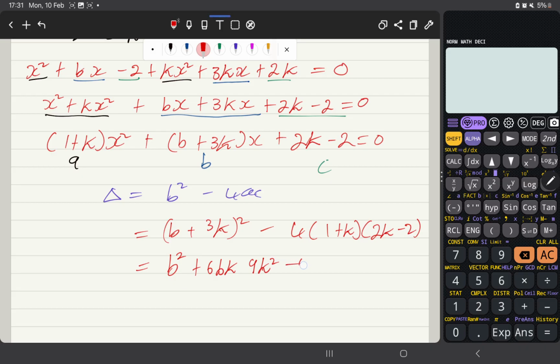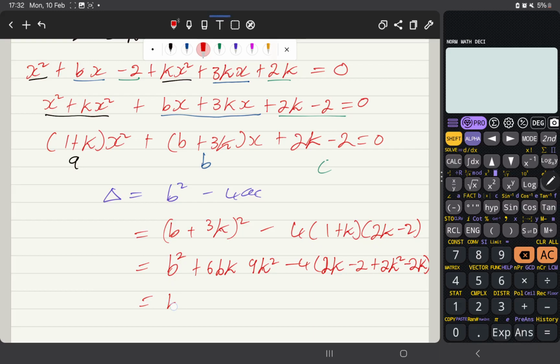And I'm gonna have minus 4 into, right here I have 2k minus 2 plus 2k squared minus 2k.